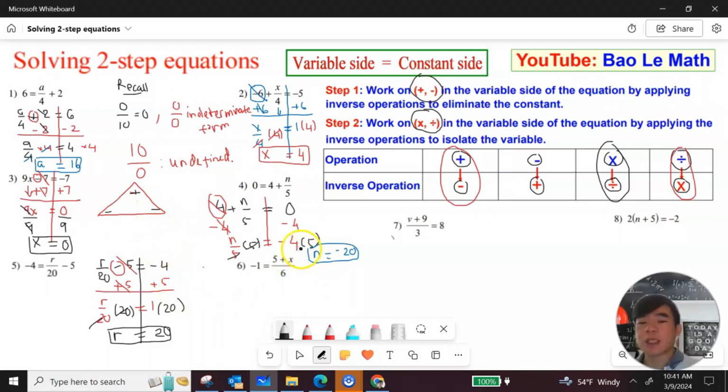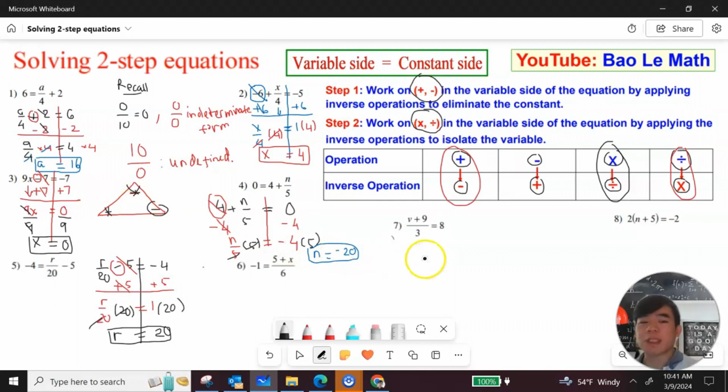Now you look at this one, -4. -4 is the negative side, so I cross it out. 5 is a positive side, I cross it out. And my answer should be negative, so that means -20. You see that? So we use the triangle trick to help you understand how you multiply or divide integers. You do the same thing.